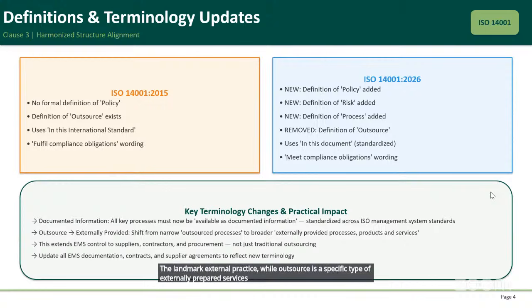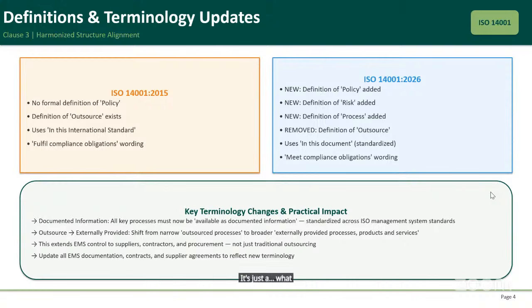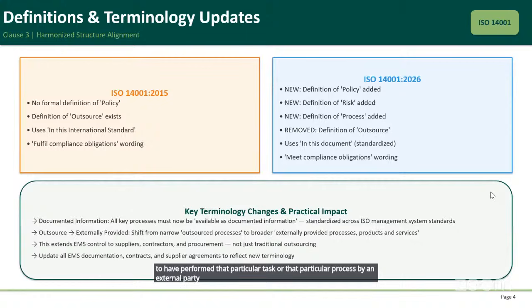What it means is a process that an organization needs for its management system or for its operation, but chooses to have performed by an external party instead of doing it internally.